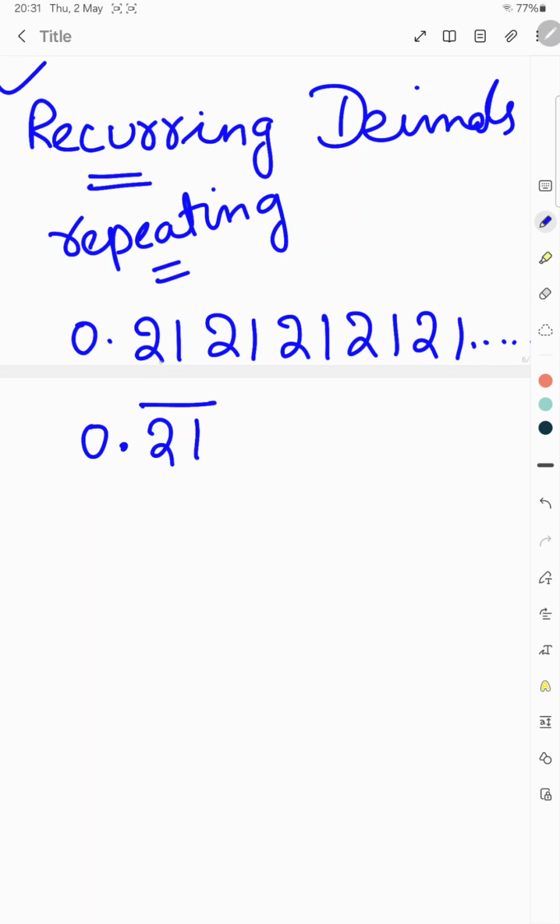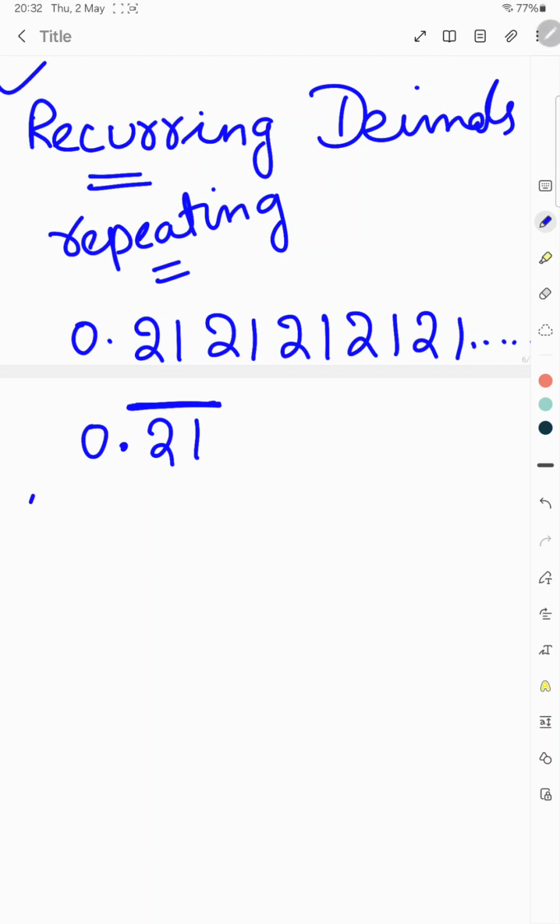As you can see, which number appears in repetition? 21, 21, 21, 21. So what you will do? You will write 21 one time, and you just put a bar on that number. When you put a bar on that number, you will know that this number is in repetition infinitely.